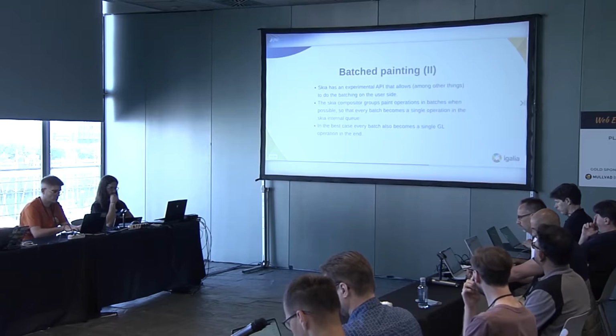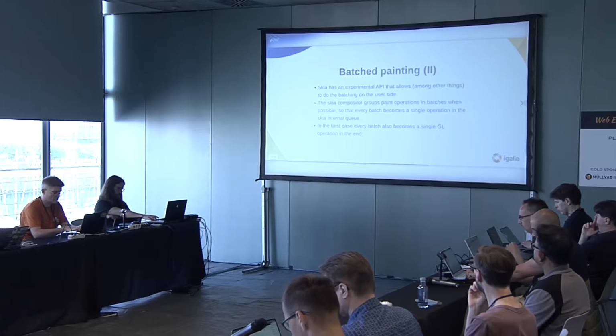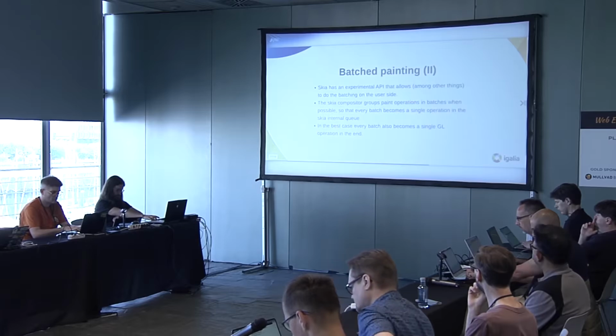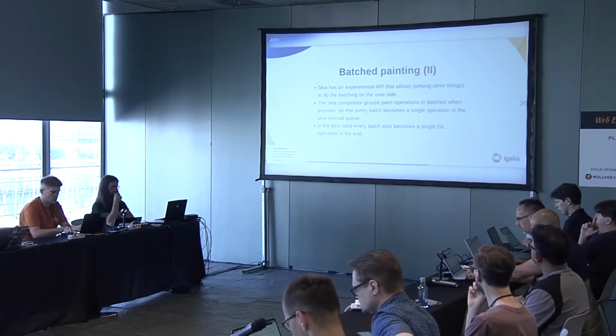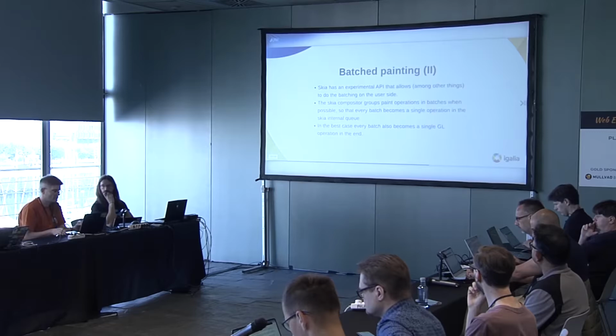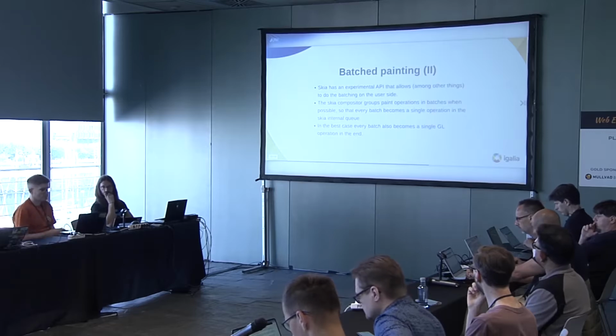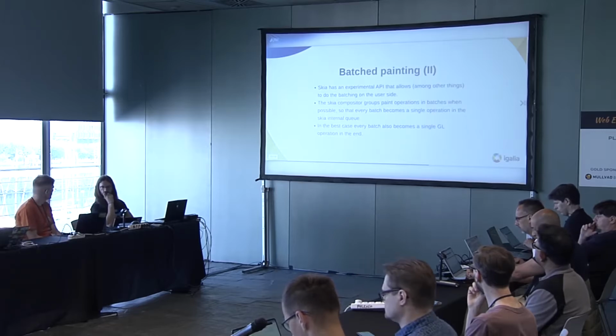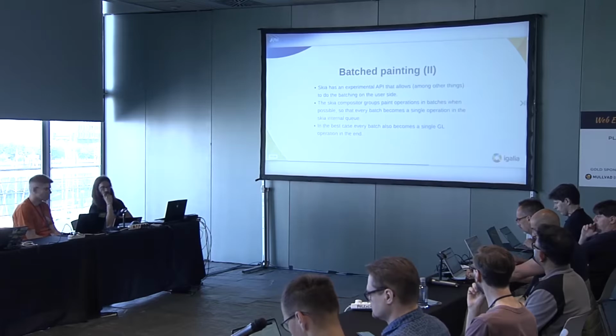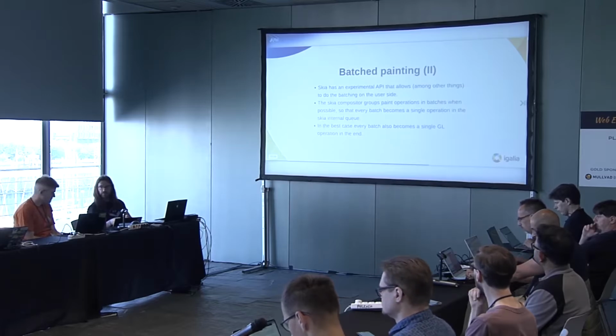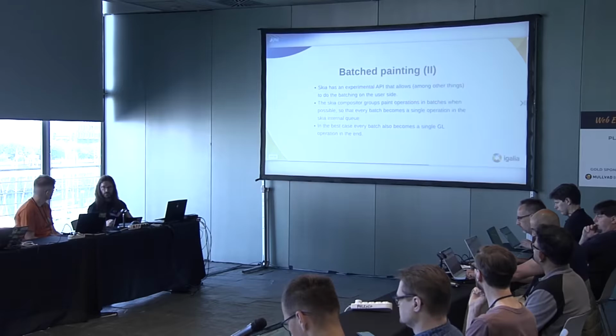Basically, the draw operations that the compositor does are draw image rect, also clips, but the main way of painting things, except for the solid color, is draw image, because we are painting tiles. And this API allows to create groups of images to be painted later in a single draw operation.